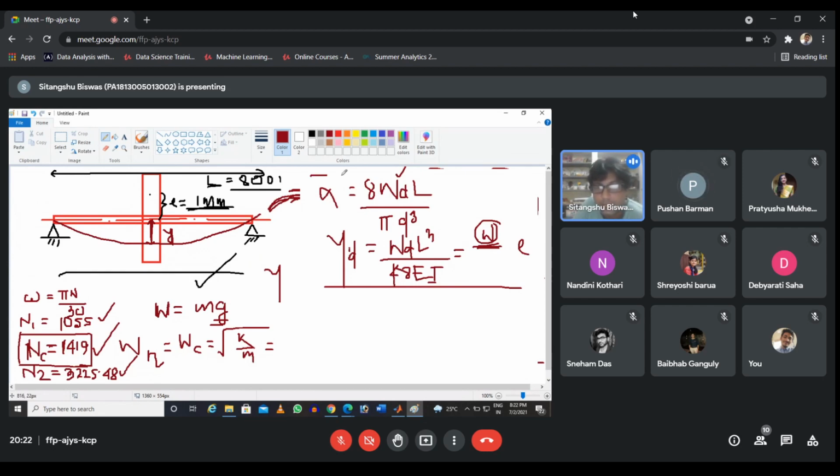We know the sigma value is this one, so from there we can find out W D. We know what y D is. If you replace this y D value in this equation, you will get y D in terms of sigma. We know y D is omega by omega n square into eccentricity divided by 1 minus omega by omega n square.